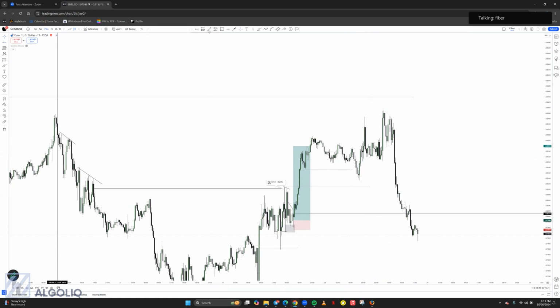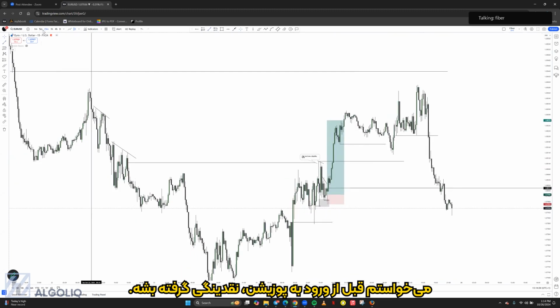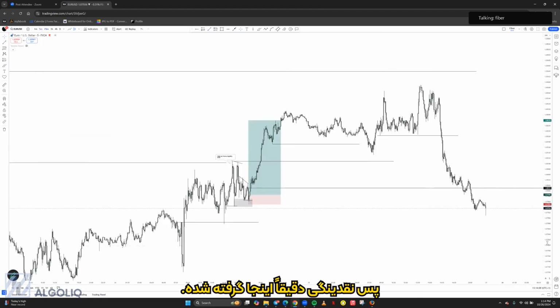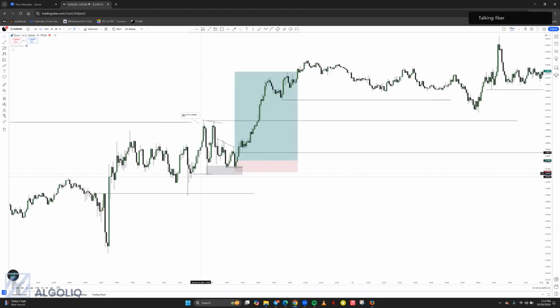Okay, so coming back to this buy. All I need was liquidity to be taken before I engage into my position. So liquidity was taken right here. A 5 minute liquidity was taken, but we had a failure swing. We had a failure swing coming to the downside, which means there's a high chance price takes this low because we have a failure swing.